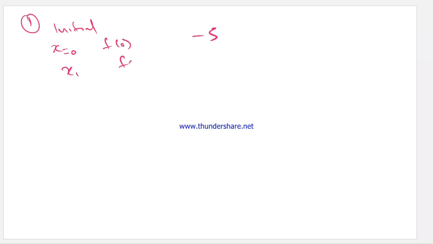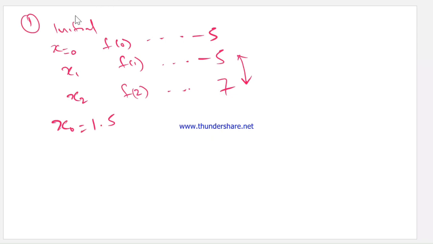At x equal to 1, f is again minus 5, just like before. Then at x equal to 2, we got 7. So just like before, the root is between 1 and 2, so we can choose the initial guess to be 1.5. This is exactly the same as the fixed point iteration.